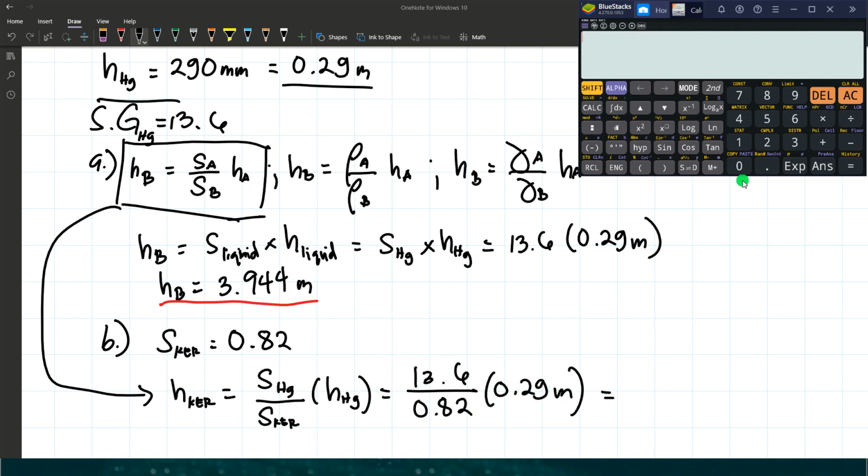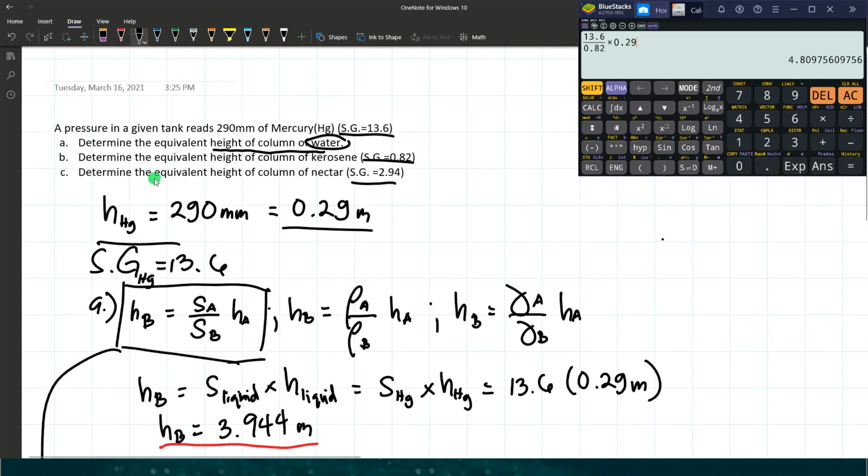So we have here 13.6 over 0.82 times 0.29. So the answer is 4.8097 or 4.81 meters. That's your equivalent pressure head for kerosene.